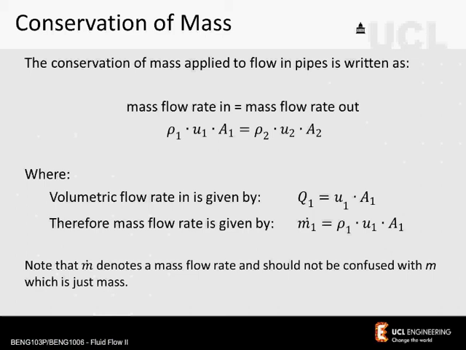Note that m dot denotes mass flow rate and should not be confused with m, which is just static mass. So in our pipe system, the mass flow rate at two different points across the system should be equal: ρ1 u1 A1 should be equal to ρ2 u2 A2.